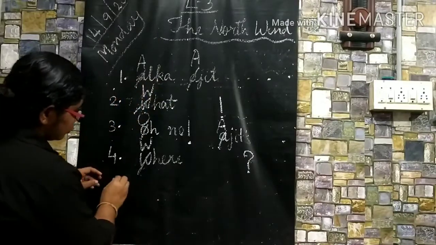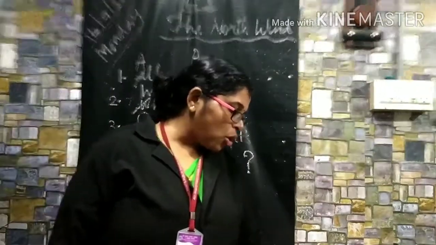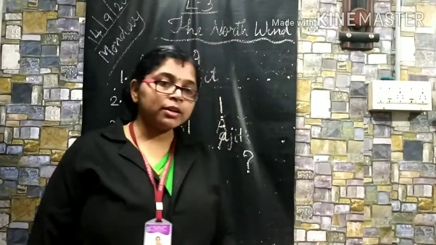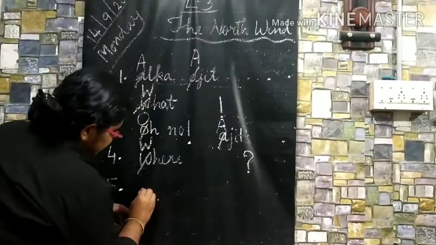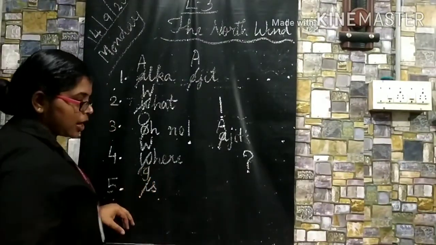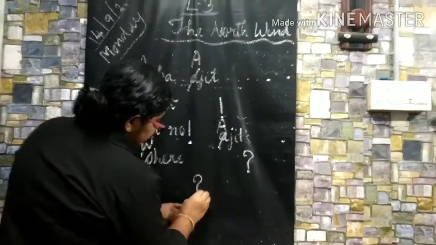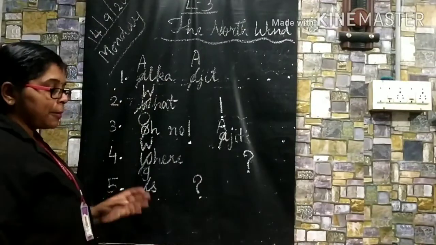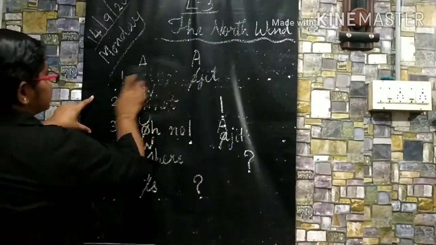Okay. Now the fifth one. Is it caught in those bushes there? Again, this is a question. So first letter is that I you cut and write the capital I, and then after the completion of the sentence put a question mark. Okay. Now the next one, sixth one.